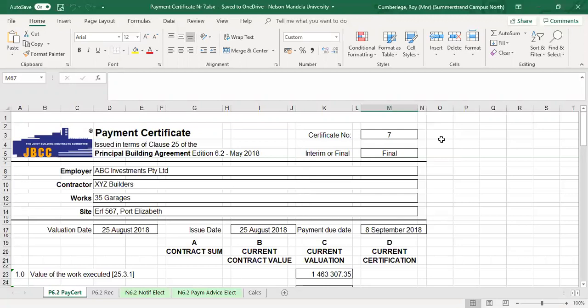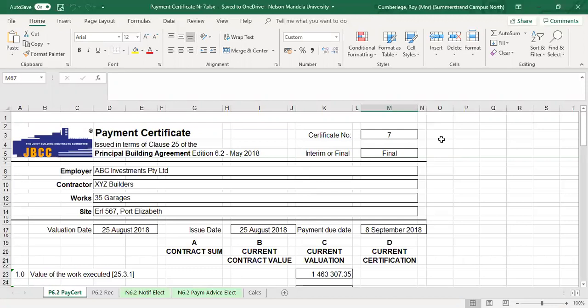If not, then you are not allowed to issue a final payment certificate. Just take note of clause 25.15.